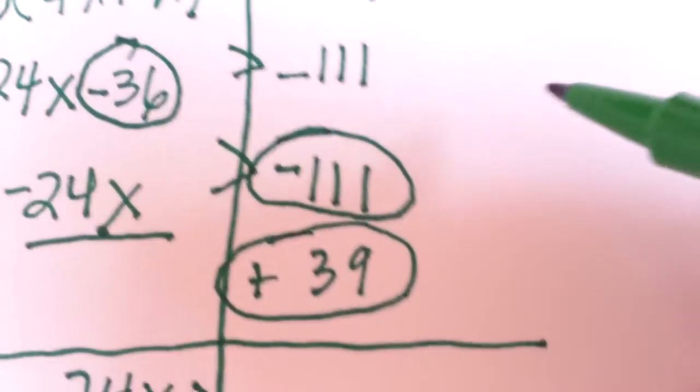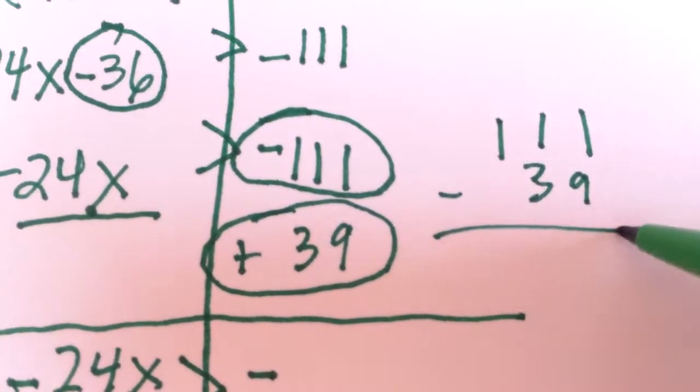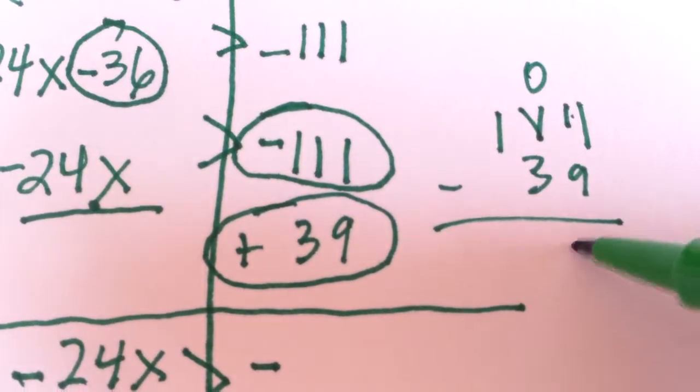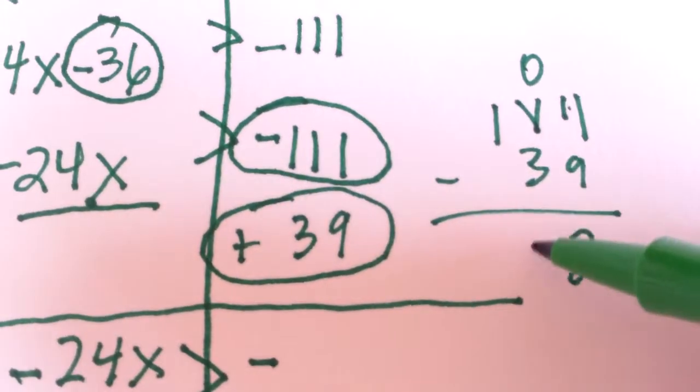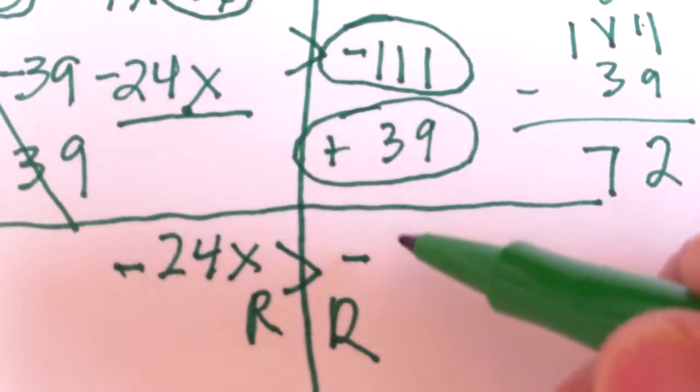So how many negatives are going to be left? Well, 111 minus 39 is: 11 minus 9 is 2, and 10 minus 3 is 7. So I'm going to have 72 negatives, because there's more negatives than positives.